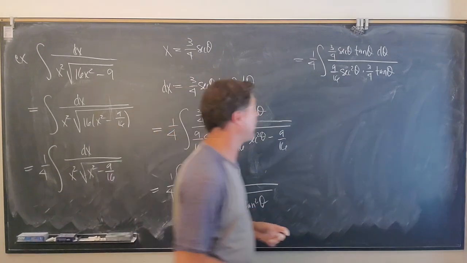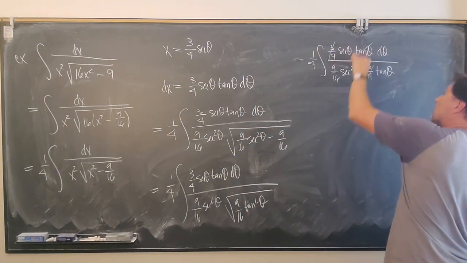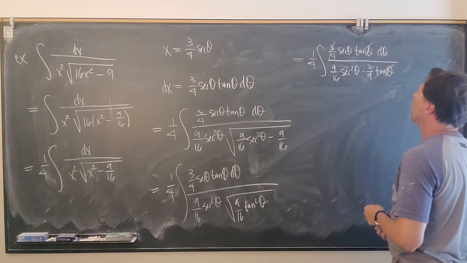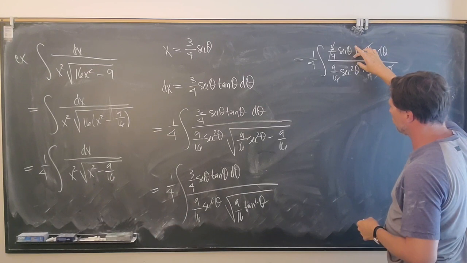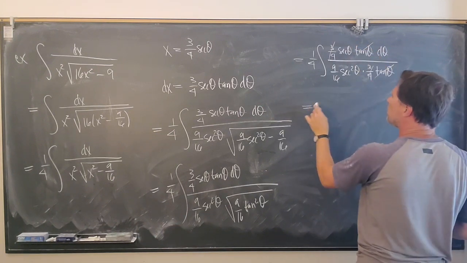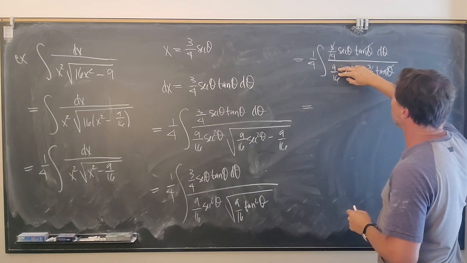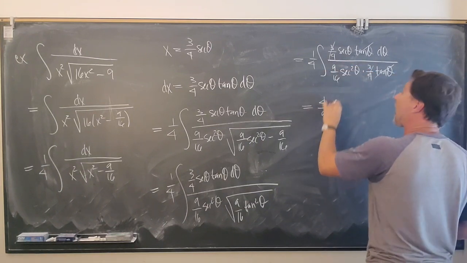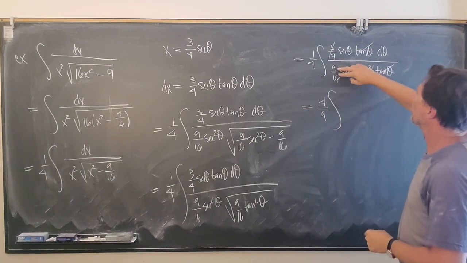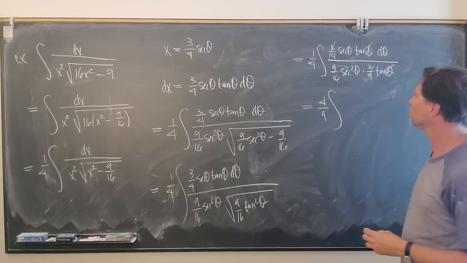Okay, so now let's start canceling stuff. The 3/4 cancel. The tangents cancel. One factor of secant cancels. And so when you simplify and do all the arithmetic, I need to flip that and multiply, so that's going to give me a 4/9. And I'll put that outside of the integral. If you multiply 16/9 times 1/4, you get 4/9.